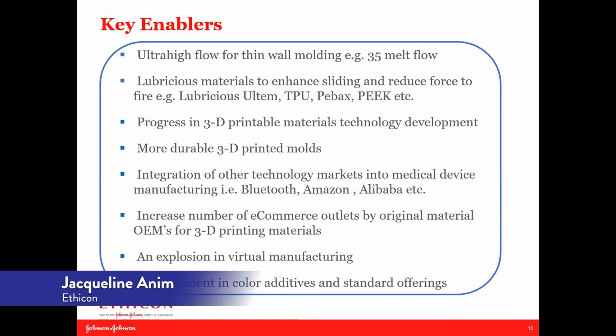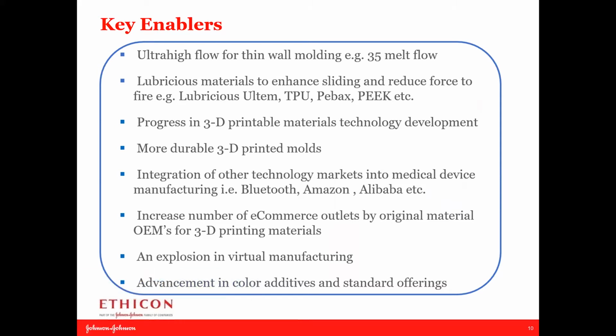Availability of lubricious material compounding with coefficient manipulators such as silicone, EPDM, PTFEs to enhance sliding during molding and demolding, and also reduce force on the actual instruments. There was also incremental progress made in 3D printable material development with integration of other technology markets such as Alibaba and also Amazon and many more.